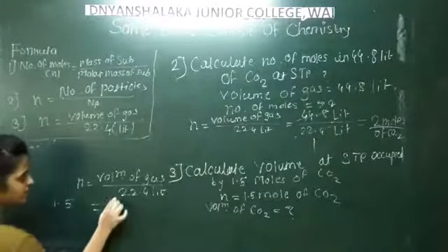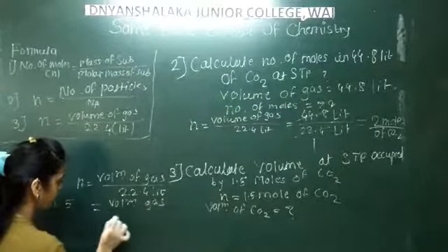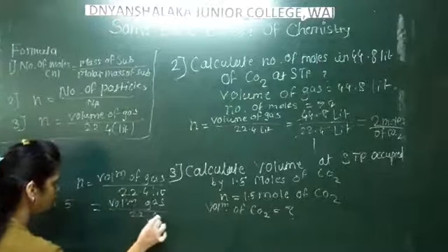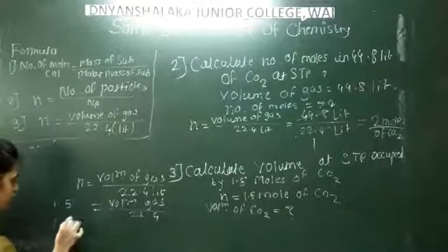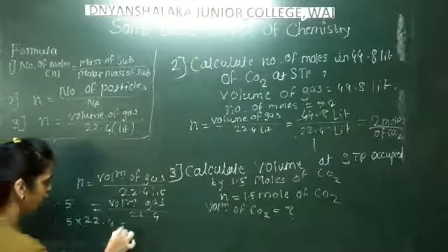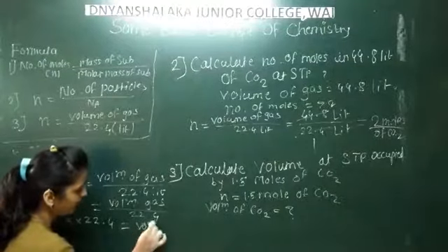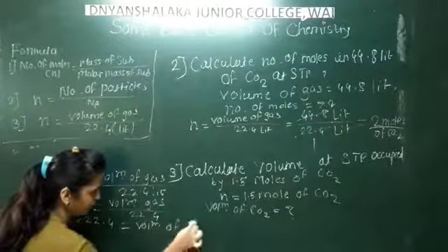So volume of gas is calculated as 1.5 into 22.4, on rearranging. On calculating these two values we get the volume of carbon dioxide gas.